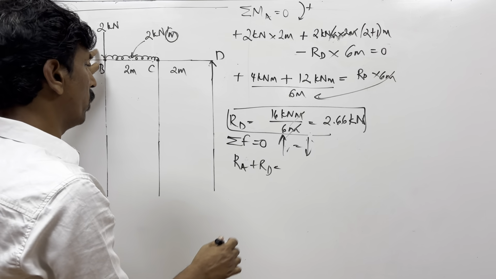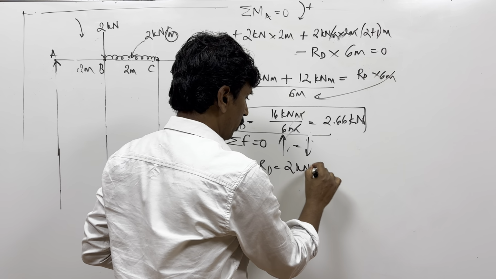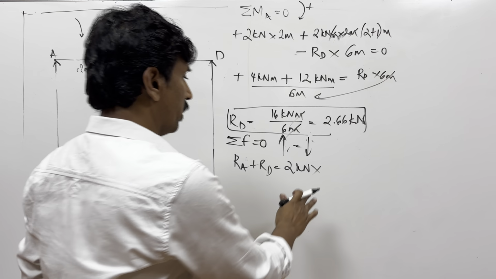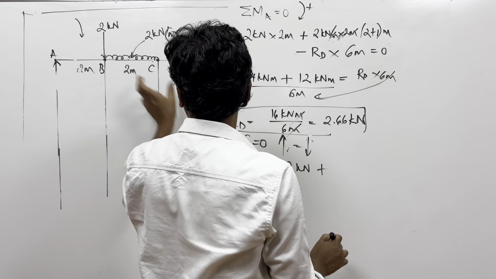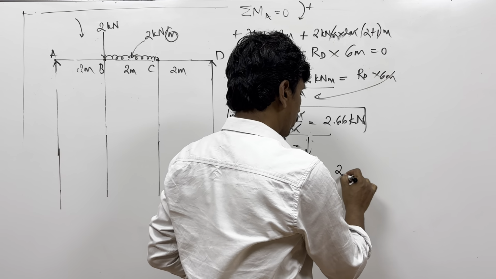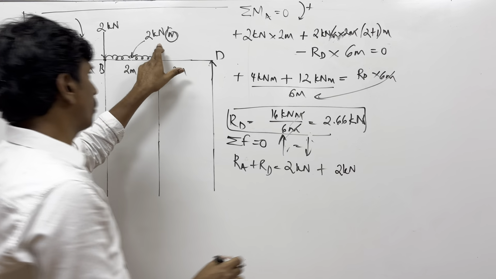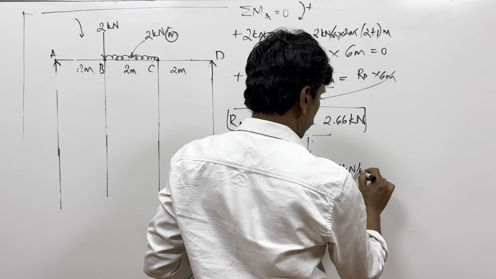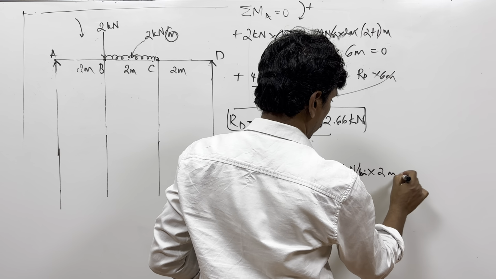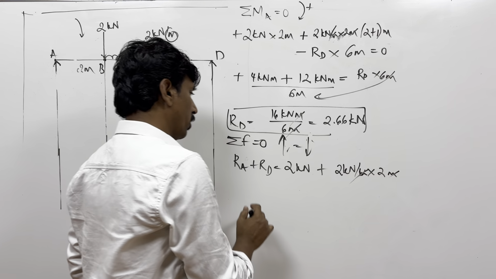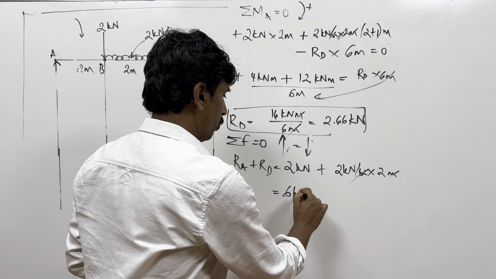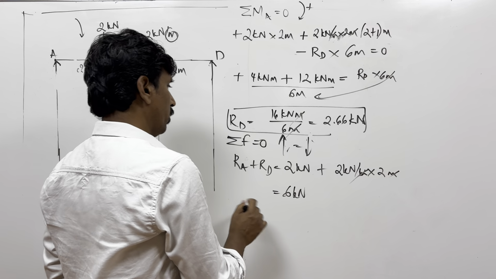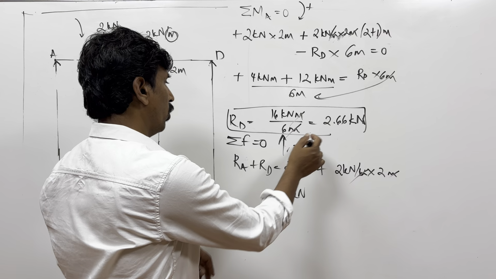And forces going downwards are 2 kilonewton into 2 meters. That means this UDL is spread over 2 meters. So for every meter it is 2. So 2 kilonewton per meter plus 2. So meter gets cancelled out. It's 4 kilonewton. So it is 6 kilonewton.